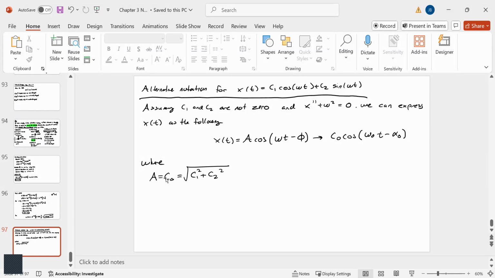A is the amplitude, how high and low it goes. Omega, which is omega naught, will be defined as the square root of k over m. We already knew that one. No headaches there. It's just k over m.